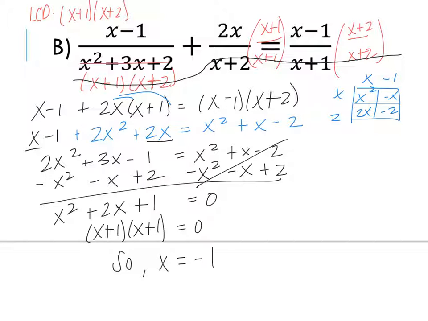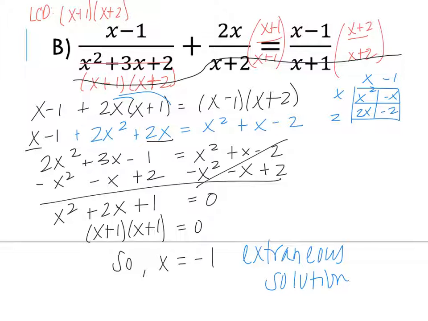Alright, so this is something new that we also need to talk about. Yes, algebraically, we found that x equals negative 1. However, this equation actually has no solution. And the reason is because x equals negative 1 is a new word that we're going to learn. It's called an extraneous solution.